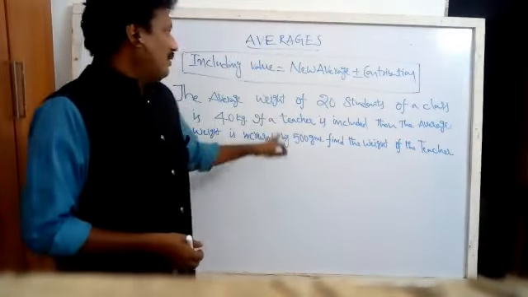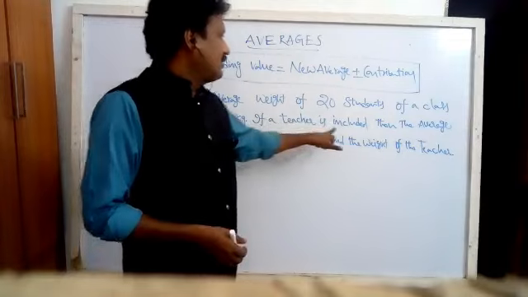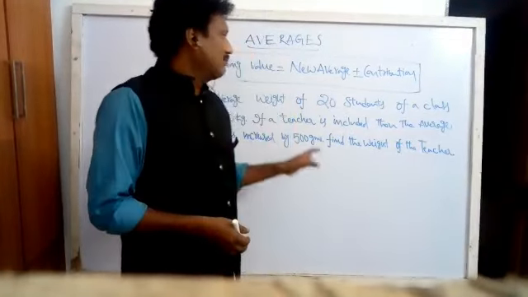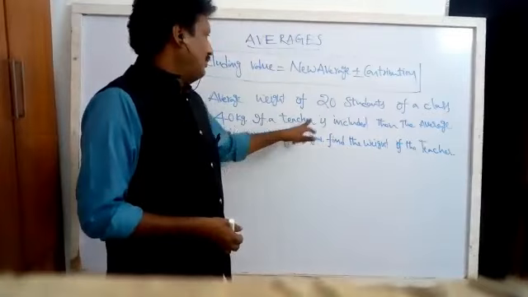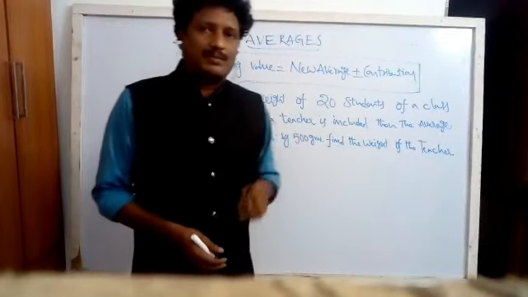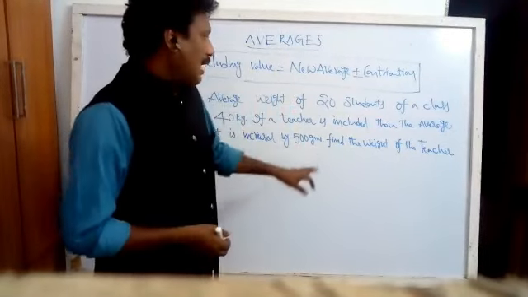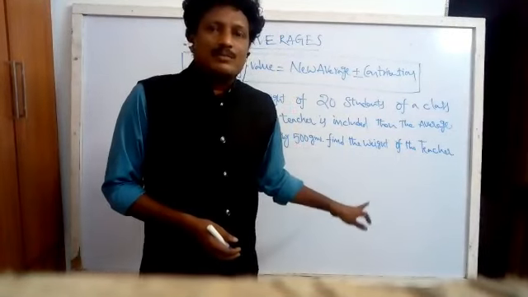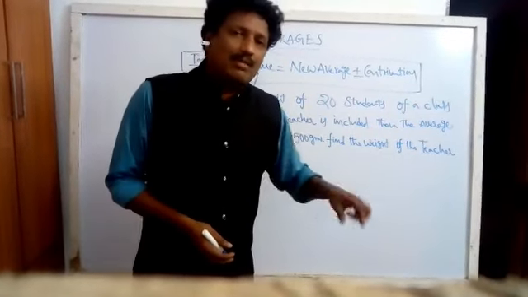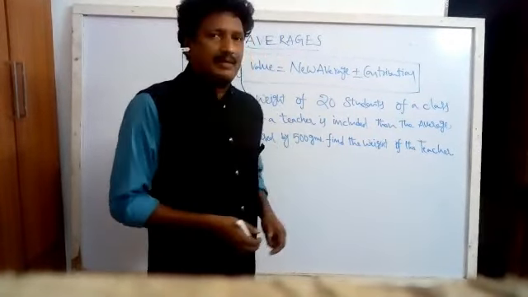At the same time, if a teacher is included in the 20 students, that means 20 plus 1, the strength becomes 21. If this teacher is also included in that group, then the average weight increases by 500 grams. That means the average weight per student increases by 500 grams.